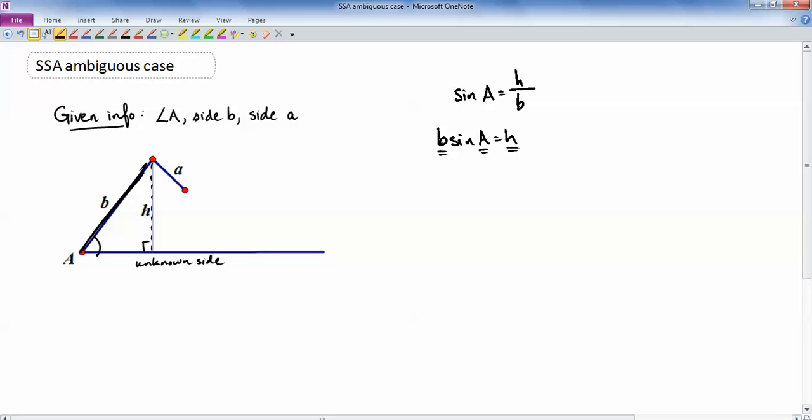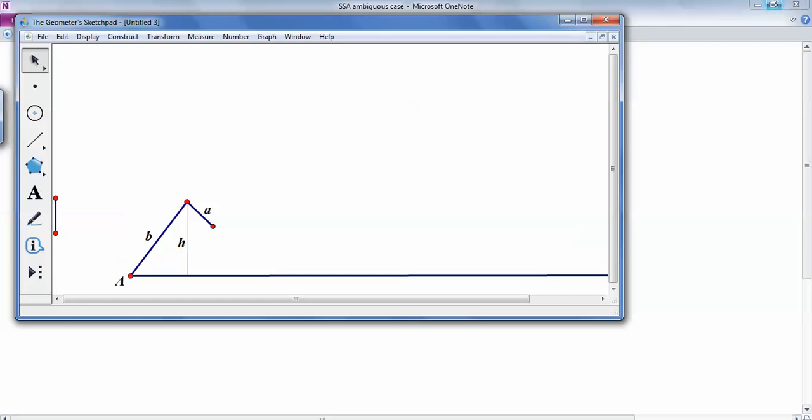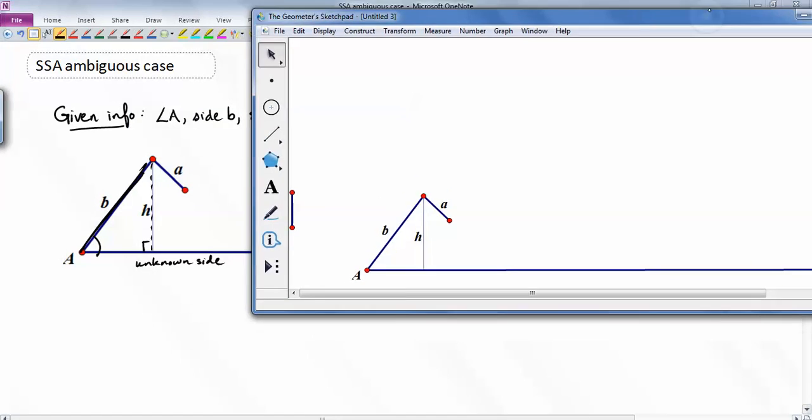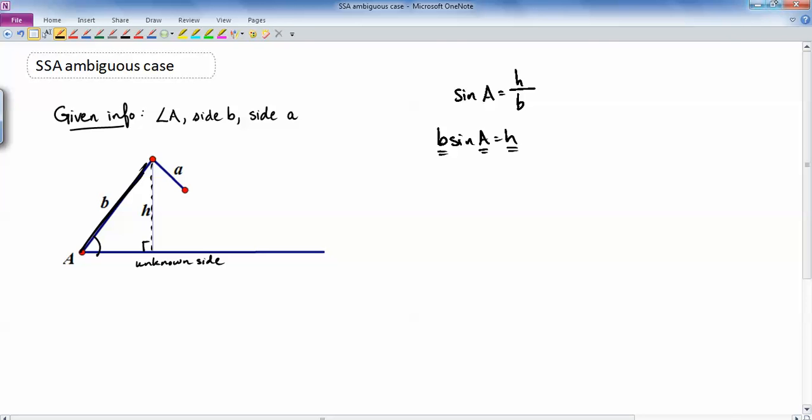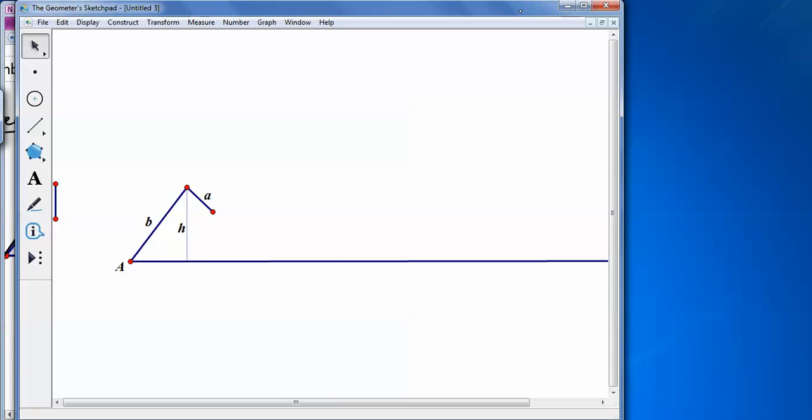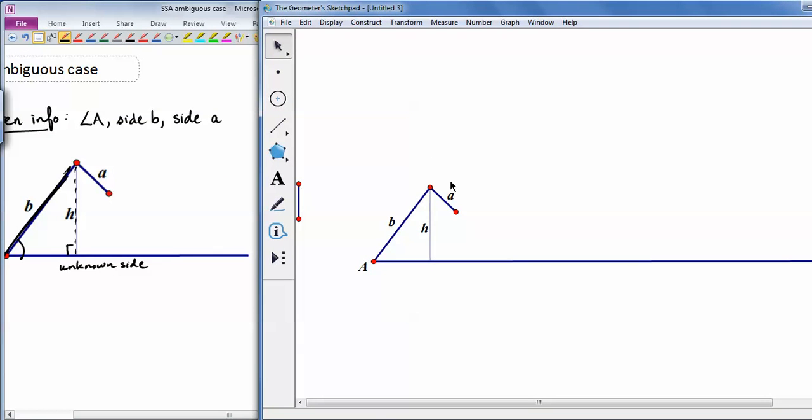All right. So what I want to do is look at the different scenarios we might get here. Right here, I have that same kind of picture. Okay, so if a is small, so it's only this big, or even smaller, then there's just no way I can connect it to this third side down here to make a triangle.